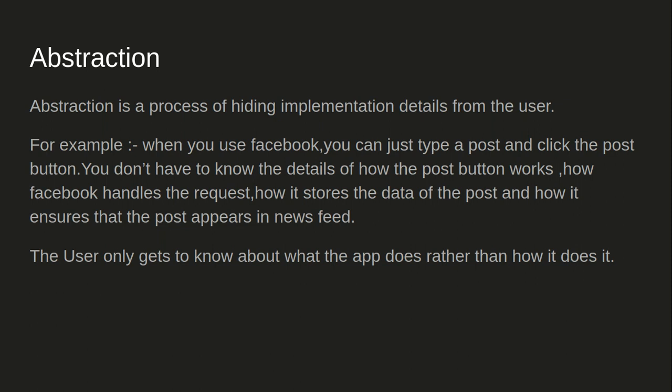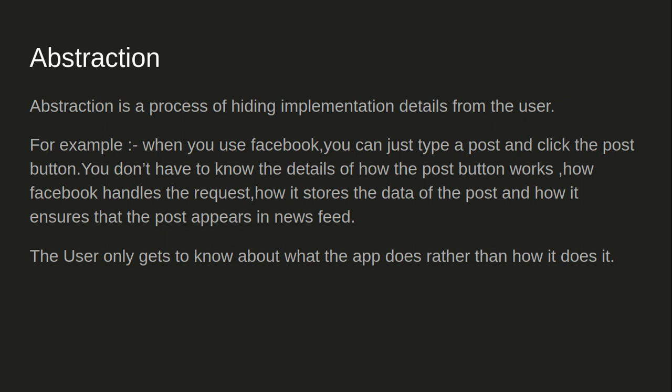Your basic thinking should be that I should design my code in such a way that the other part of the code which is using it doesn't need to know how this code is performing. You should only give some criteria, or tell that these are the things my part of the code will do, and how I will do it, you don't have to know.